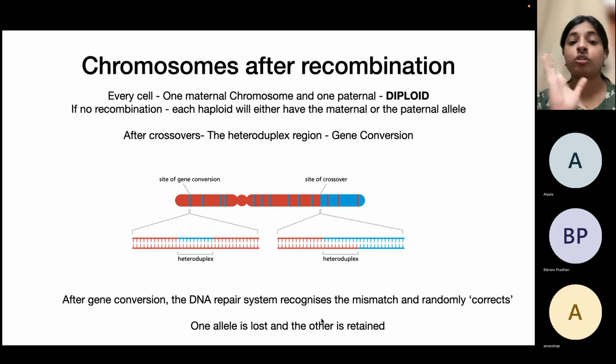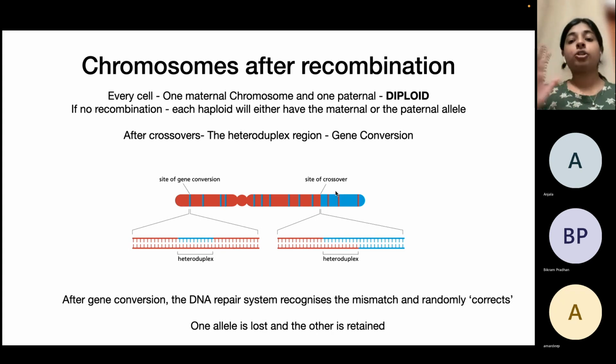Now, in order to avoid this, and in order to generate genetic diversity, recombination occurs. And if it is resolved early on, like we saw in the second possibility, there is only a slight amount of DNA, maybe say one base or two bases, that has been exchanged. Everything else remains what it was originally.